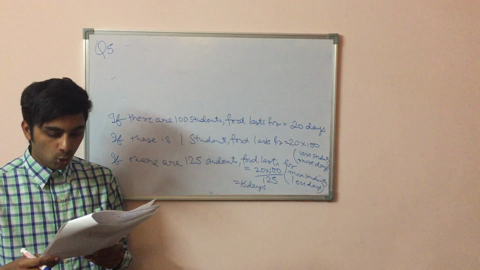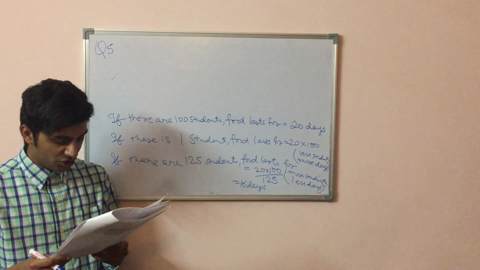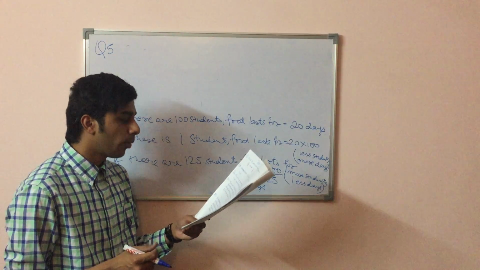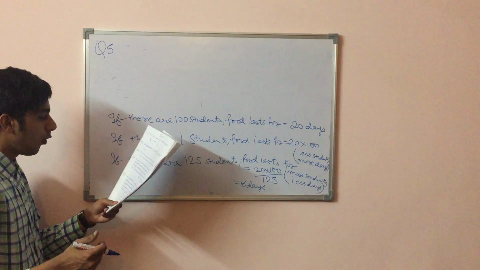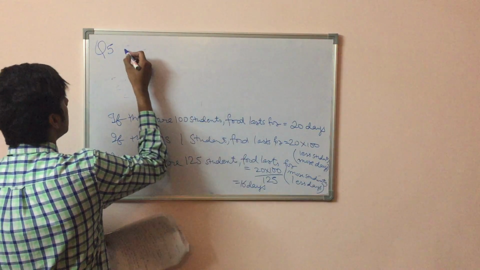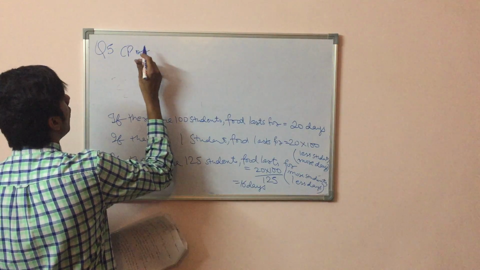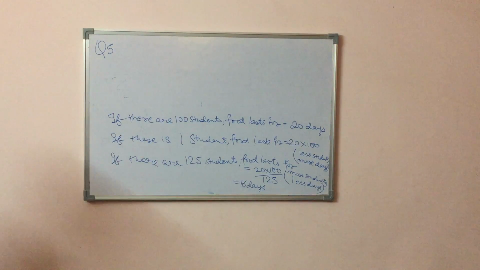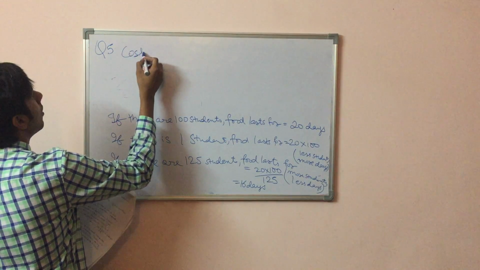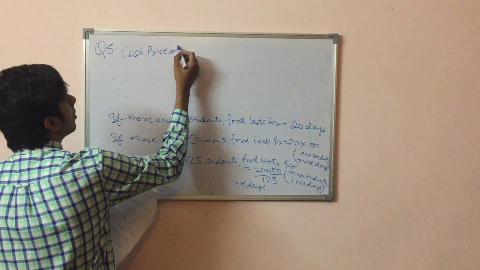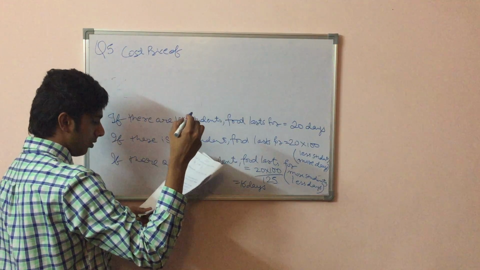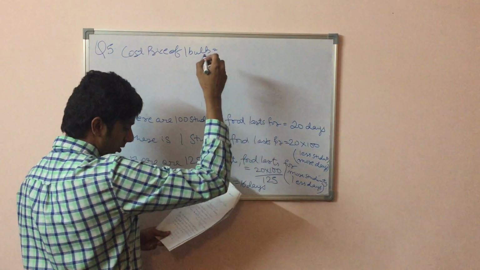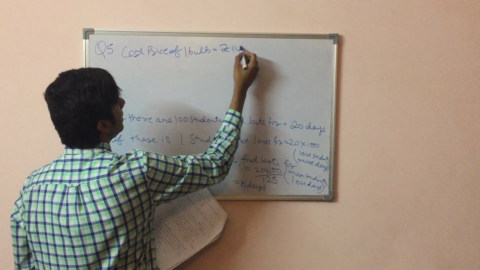The remaining were sold at rupees 12 each. Find his gain or loss percent. So the question says a shopkeeper purchased 200 bulbs for rupees 10 each. Purchase means cost price. I'm writing it, cost price of one bulb is rupees 10.